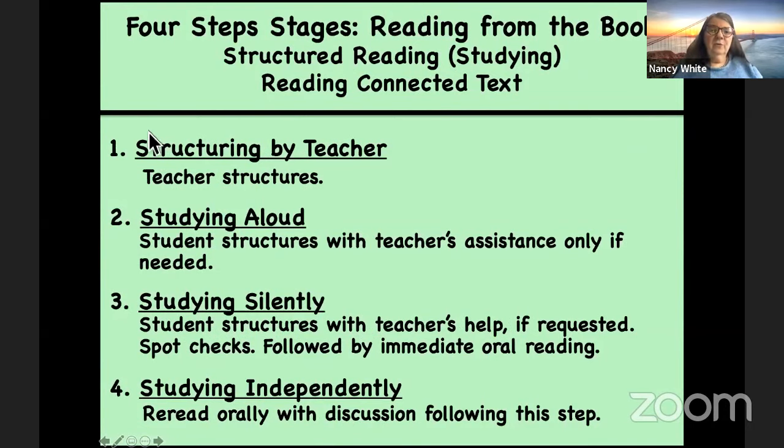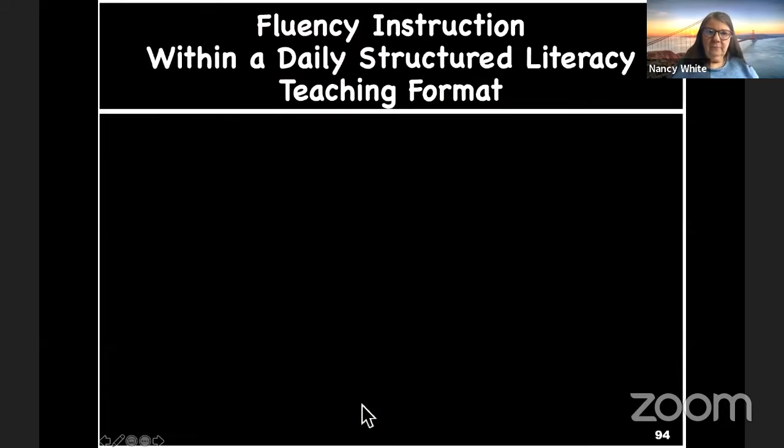Okay, and then you don't do that forever. Just like with the decoding, you don't have them sound it out forever. You have them do that until they can do it, and then they know when they need to and when they don't. But there's more and more independence. So again, it's gradual release of responsibility. And within the same passage, you may be doing more than one of these things with the same story.